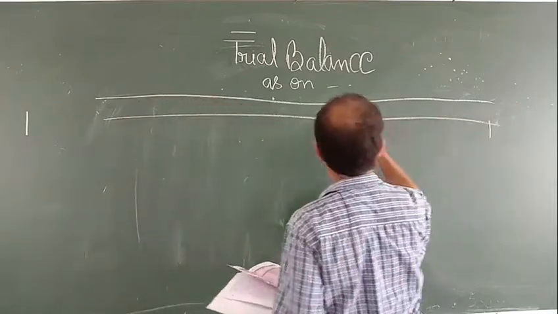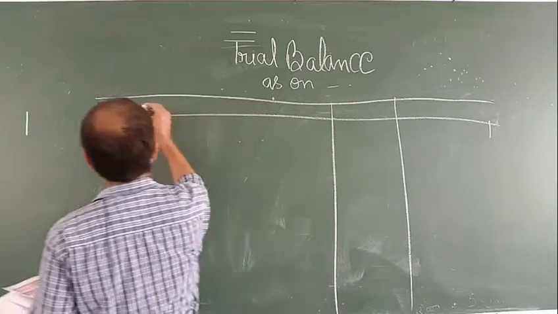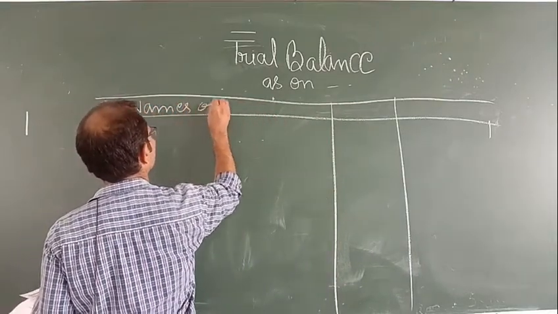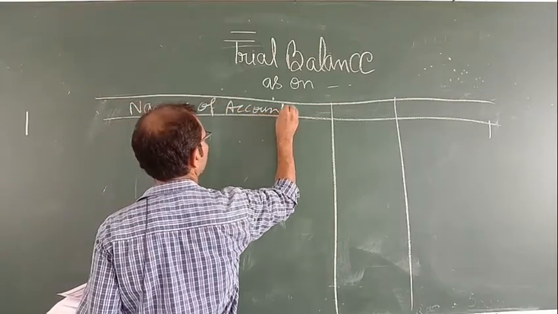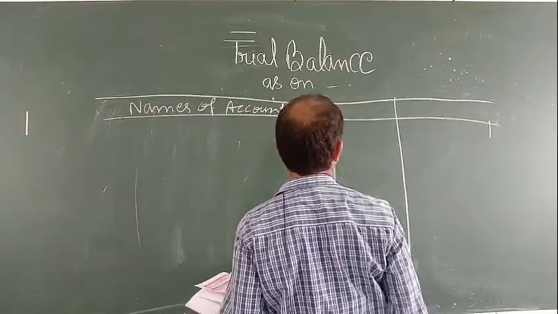Firstly, we will write here the name of accounts. From where will all the names come? All the names will come from the ledger.